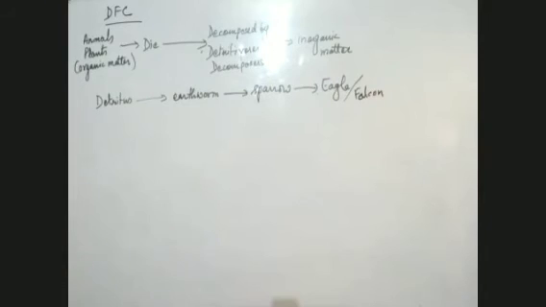Now the characteristic features of the detritivore food chain. When I gave you the points of the GFC, I told you that it is based on the energy which it gets from the sun. Now, this is based on the energy present in detritus. Whatever energy is present in here, this chain is based on that.